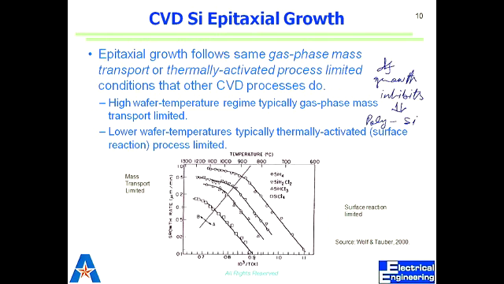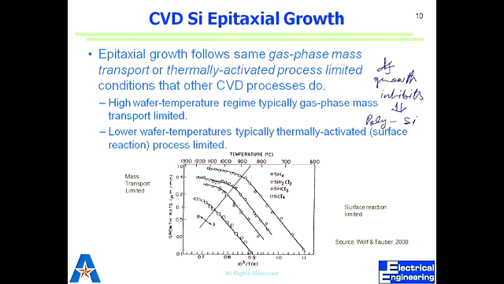If it's high temperature, how do we control the reaction? If it's low temperature, how do we control the reaction in that case? In both cases, we see that with temperature, the growth rate increases. Again, this is 1000 over T. So with temperature, your growth rate increases. These are the real numbers which are shown.